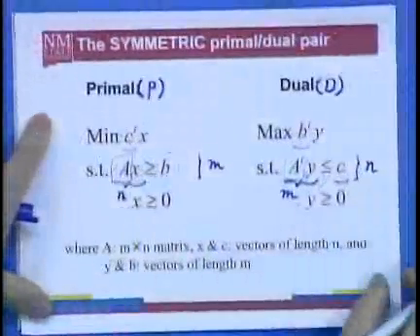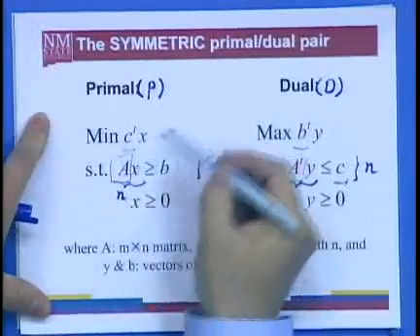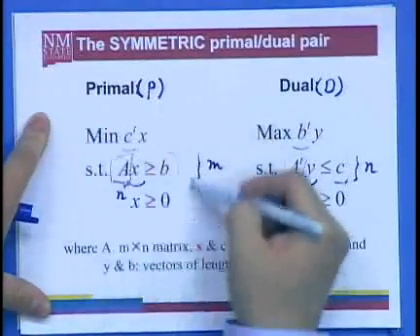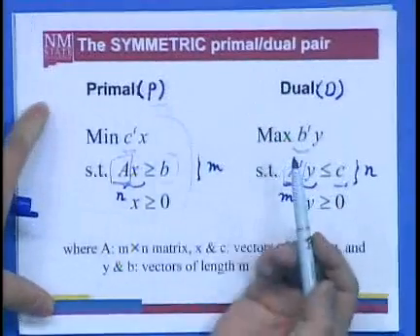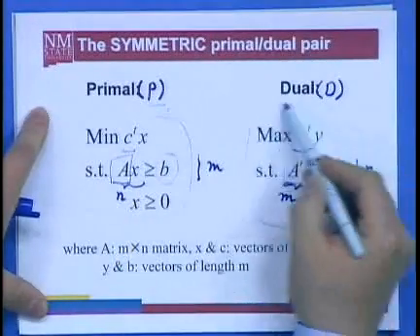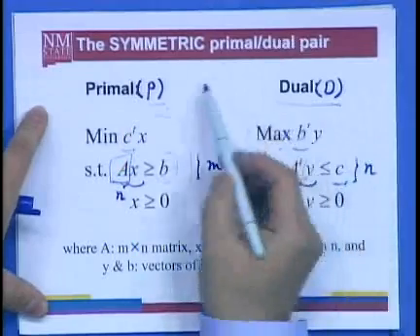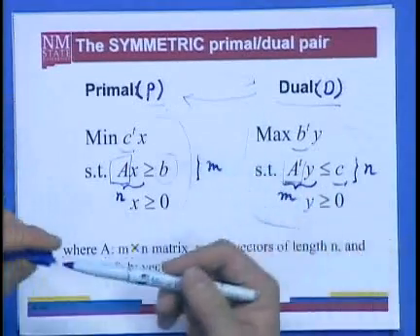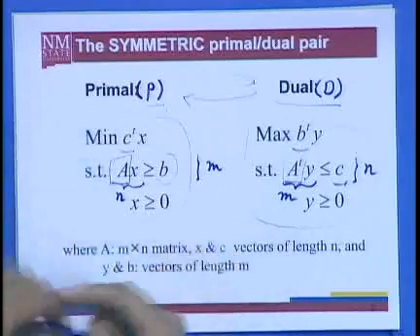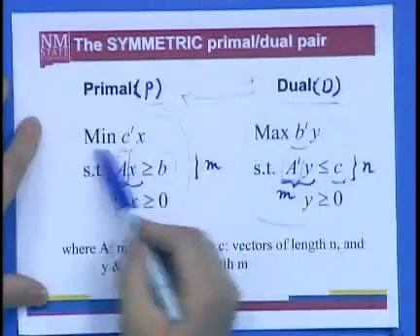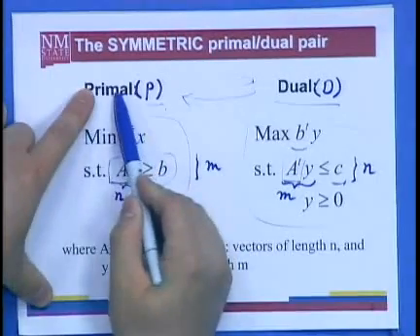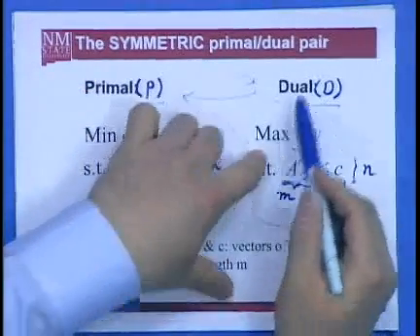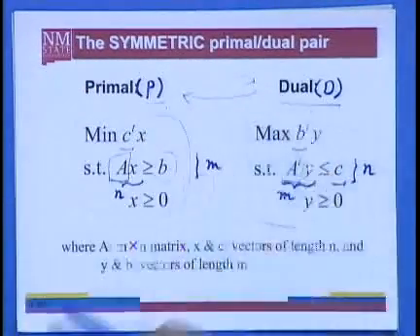So it really doesn't matter. In this case, the minimization problem is the primal problem and the maximization problem is the dual problem, but it could be vice versa. Which means, in some cases, the minimization problem could be the dual problem and the maximization problem could be the primal problem.